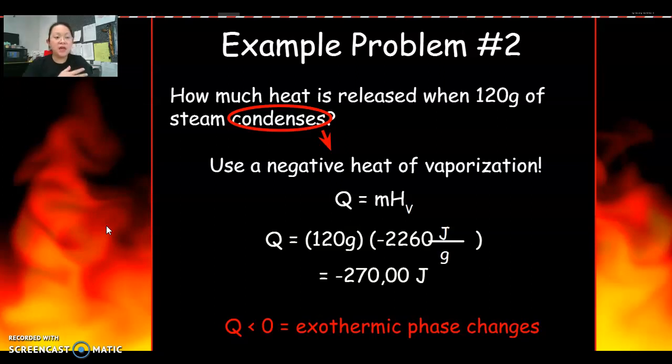All right, so that is it for our notes. What we're going to continue doing for this asynchronous class period is we're going to work on some calculations. So there is an assignment posted in Google Classroom called Calculating Heat, and that has to do with Q equals MCAT calculations, which we covered yesterday. The other assignment is about the notes that we just covered today, and that's going to be Q equals MH.